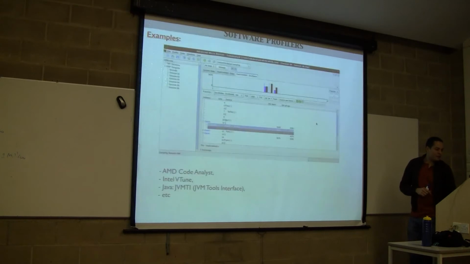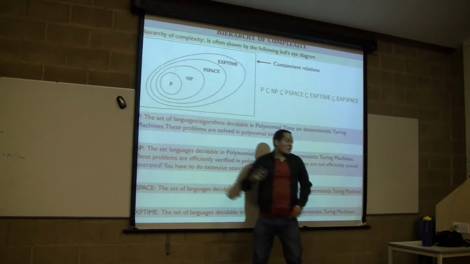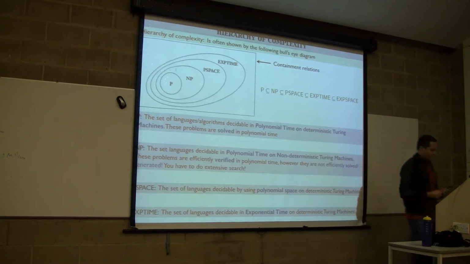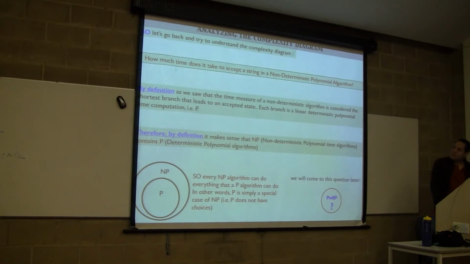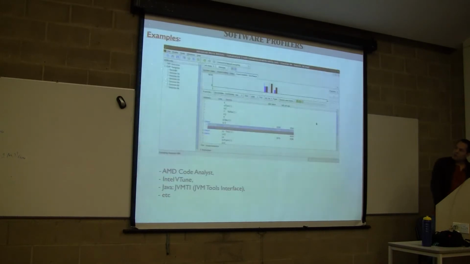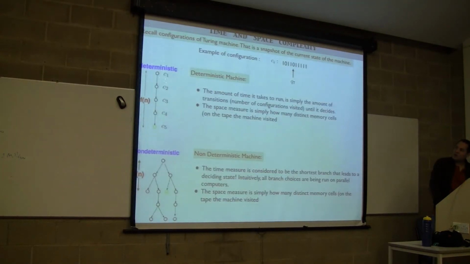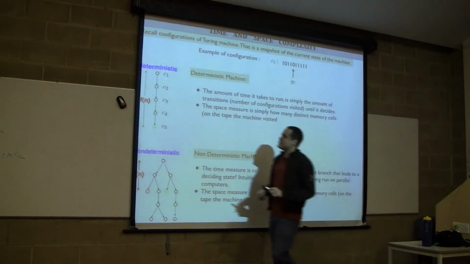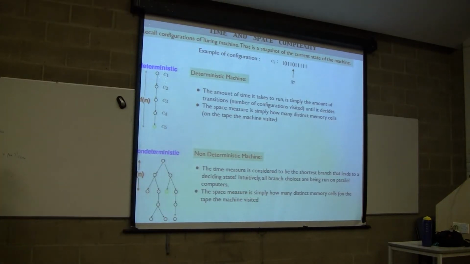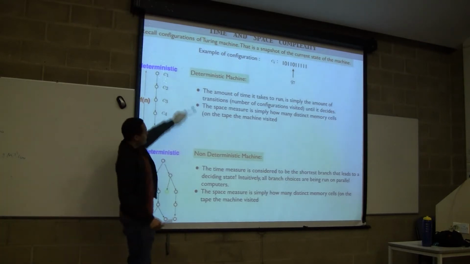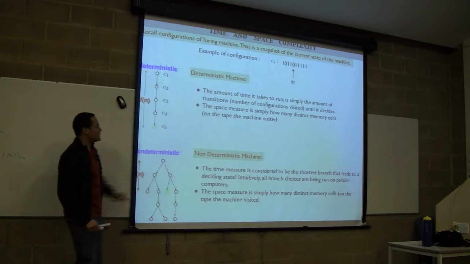So now let's go back and try to understand this diagram, the relationship between these containment relations. If you go back to our definition of a deterministic and a non-deterministic computation, it's quite easy to see that this one is simply a subset of the non-deterministic machine.